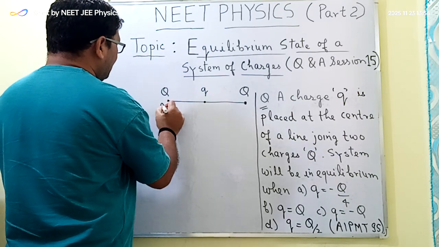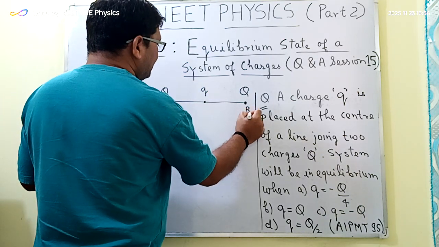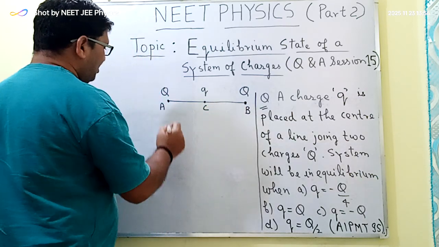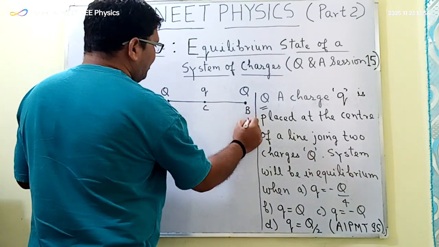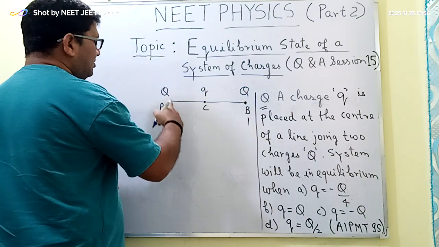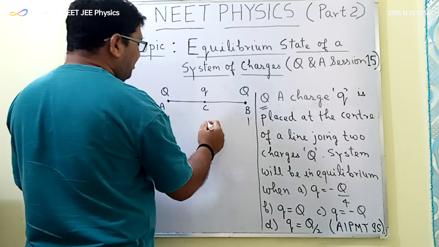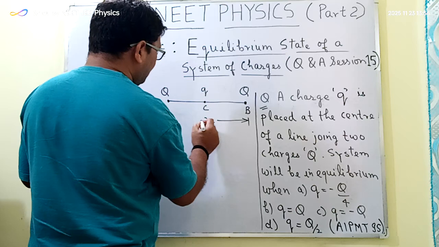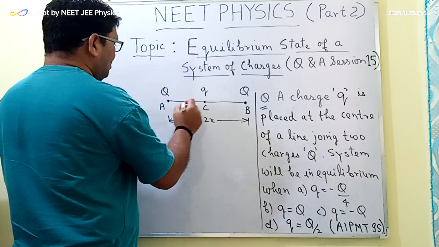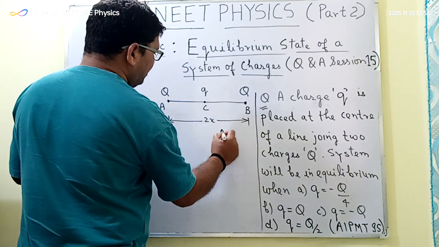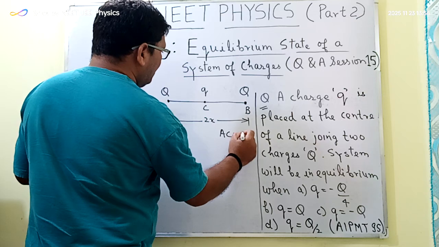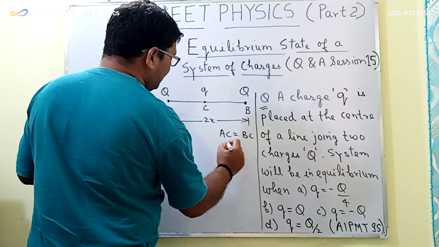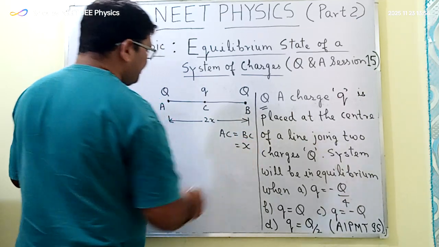Let us denote this point as A, this is B, and this is C. Let us consider the distance between the two charges placed at A and B equal to 2x. So here AC will be equal to BC, and this will be equal to x.